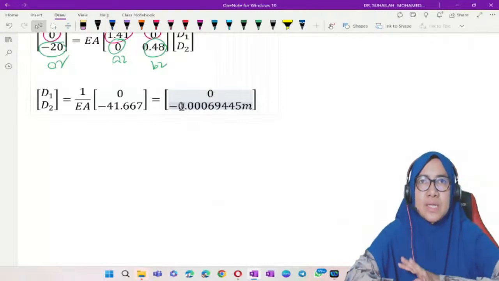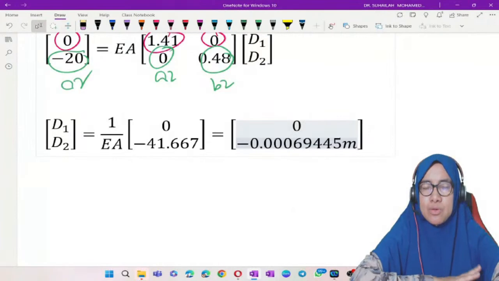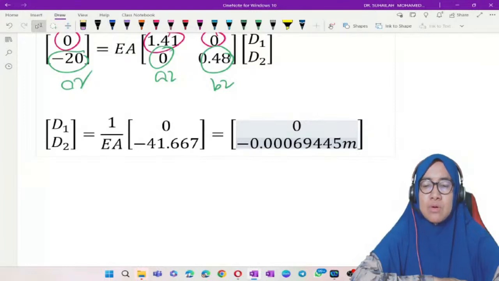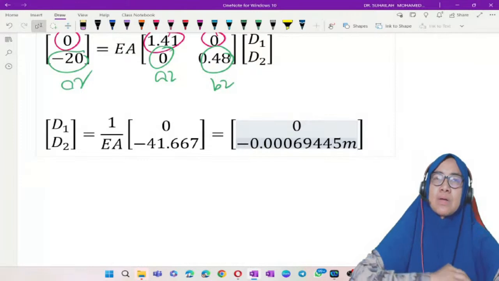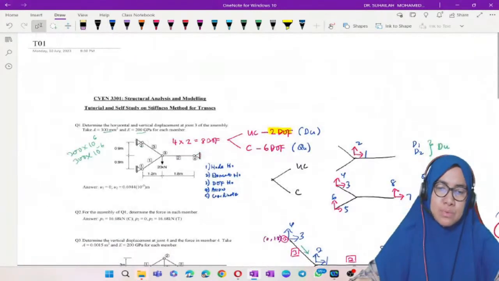So this is the answer for D1 and D2. Horizontal displacement is equivalent to 0, which is correct because there is no horizontal force applied to the system. D2 is negative 0.000069445 because it deflects downward.